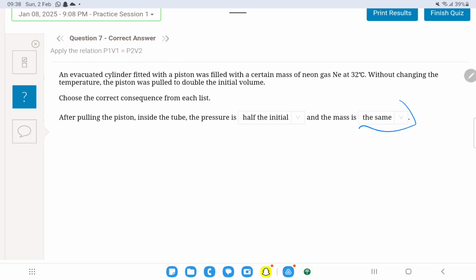But here mass stays the same. The pressure, you have some mass of gas particles in a specific volume in a specific direction, causing said pressure.